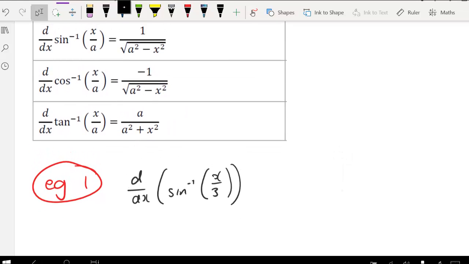You can see it's in the form arcsine x on a, where a is equal to 3.